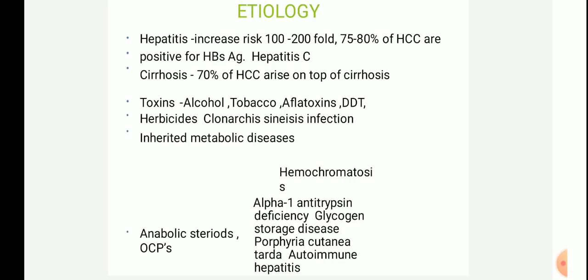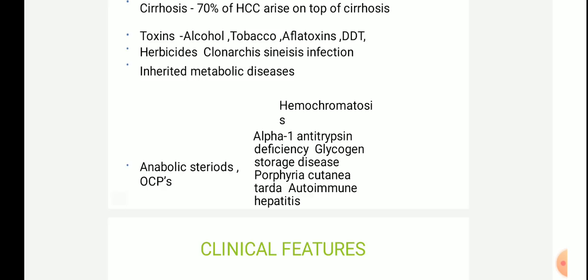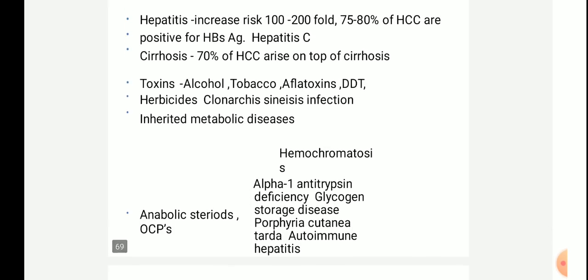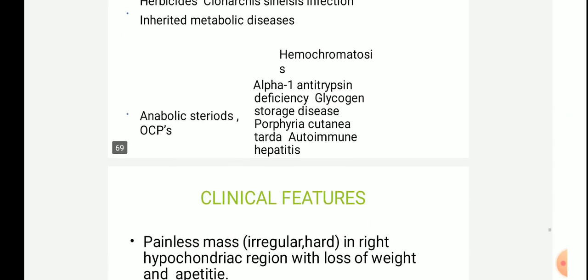Toxins: alcohol, tobacco, aflatoxins, drugs. Continuous daily consumption of more than 60 grams of alcohol is a very risky factor for causing HCC. Various infections, such as Clonorchis sinensis, can also be associated. Even hemochromatosis and alpha-1 antitrypsin deficiency lead to hepatitis and cirrhosis.